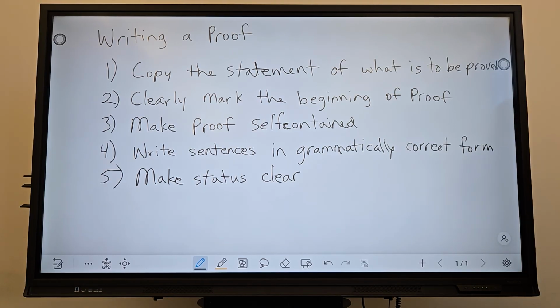If something is assumed, preface it with a word like suppose or assume. If it is still to be shown, preface it with words like we must show that, or in other words, we must show that, so on and so forth. This is especially important if you introduce a variable in rephrasing what you need to show.